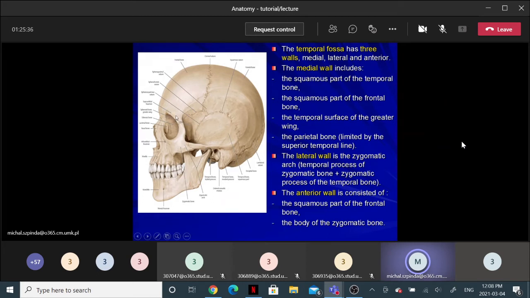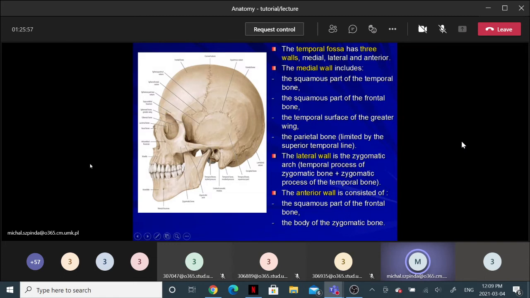So, the zygomatic process of the frontal bone and the frontal process of the zygomatic bone. 3 walls of the temporal fossa: medial, anterior, and lateral.